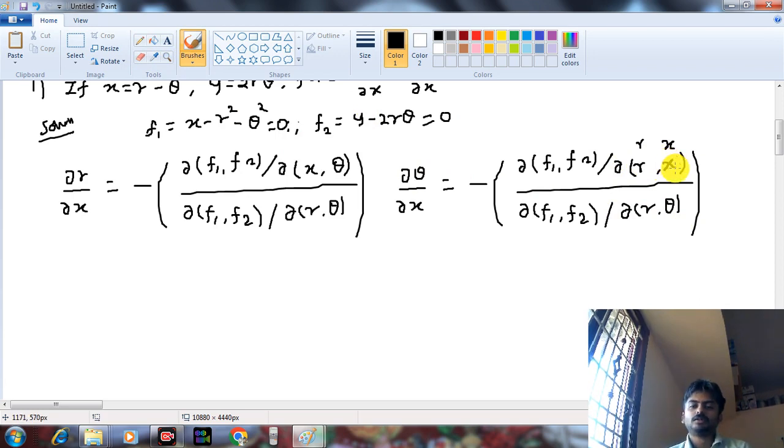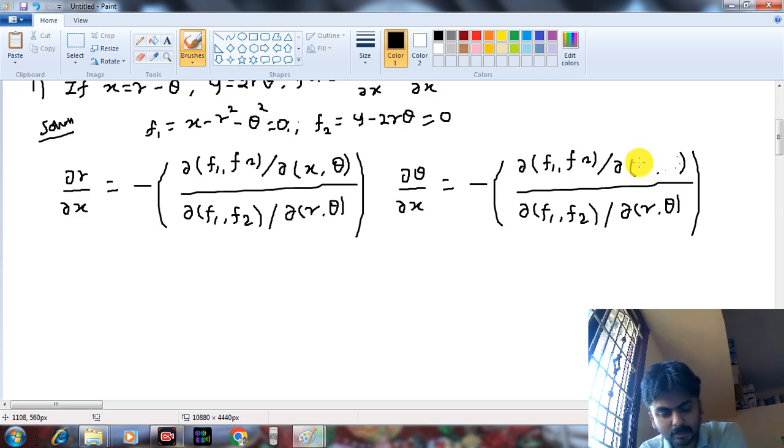Okay, so with respect to x means the first variable will be okay. If I were to do it with respect to y, it would be okay. Since I am doing it with respect to x, theta with respect to x means, yes, am I right?